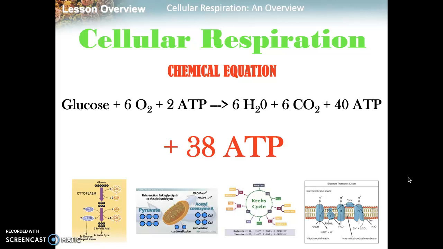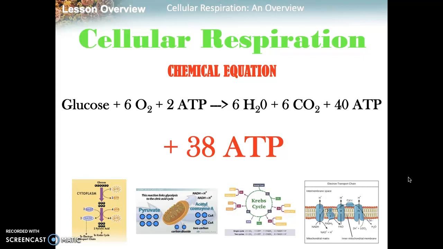Now, that is the number of ATP if everything went perfectly. That is not the case with the human body. On average, we really only get about 30 ATP out of each glucose molecule. Some of the energy that is going to be used in making ATP gets lost as heat or in other ways. So on average, we get about 30 ATP per molecule of glucose.